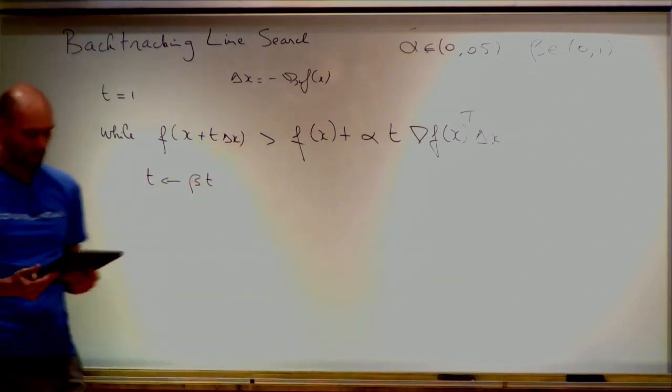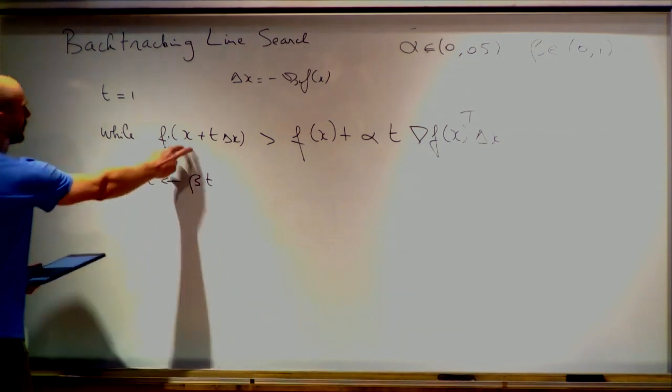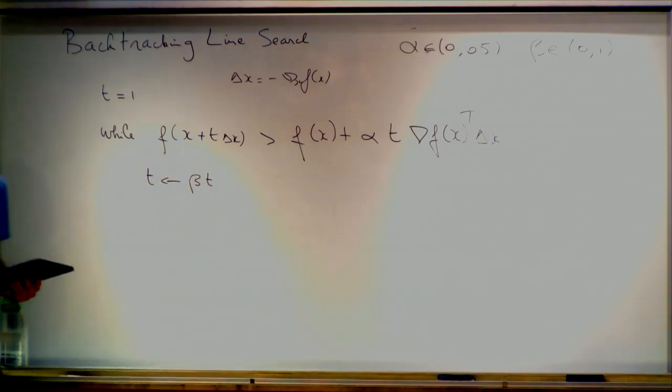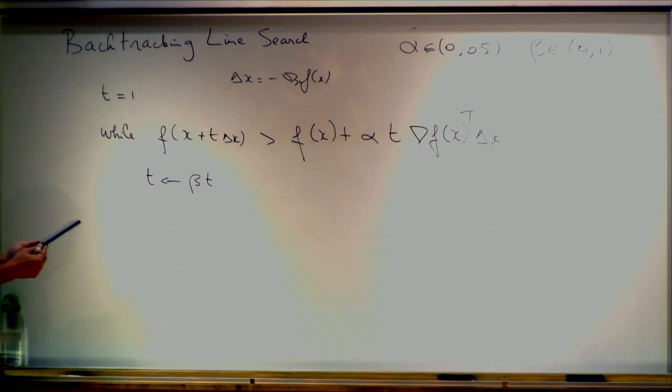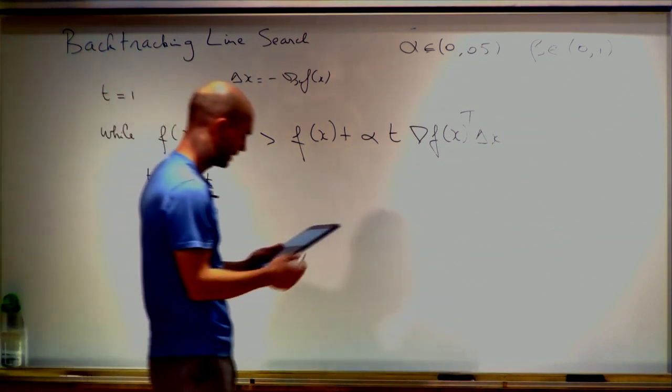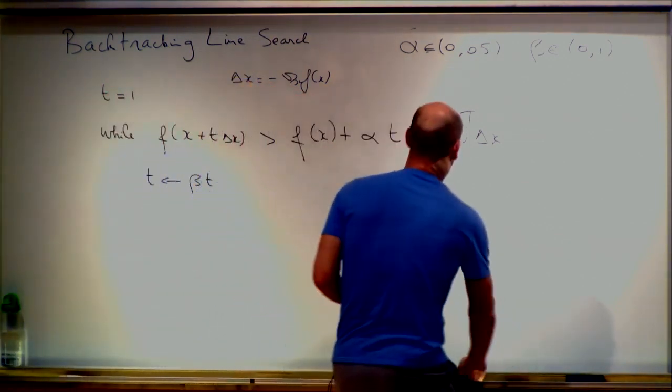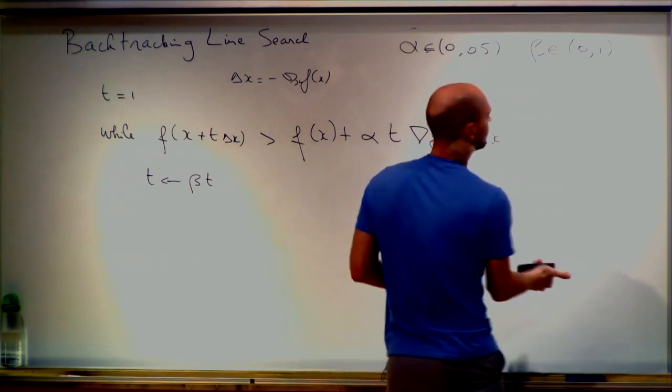OK, so now this condition here governs whether we're happy or unhappy with our current step size. So let's take a look at a drawing to understand what this is really looking at. Let me draw it over here.